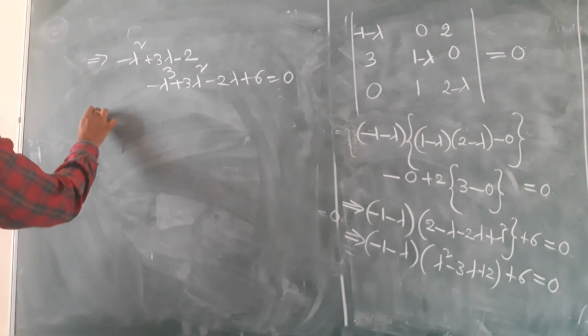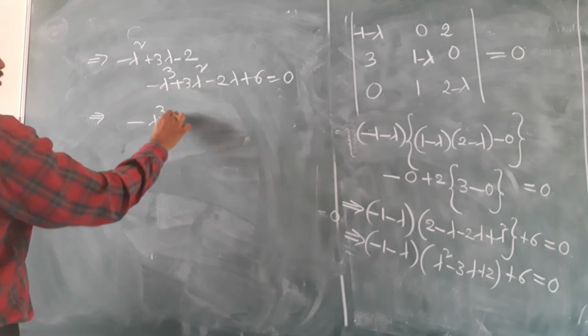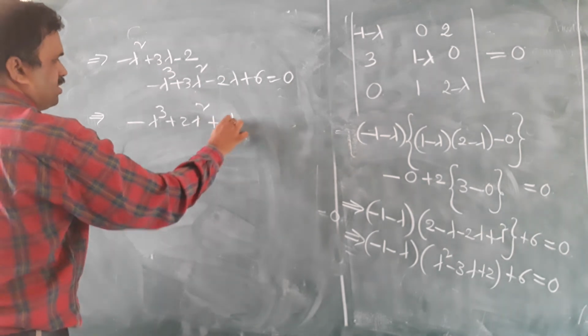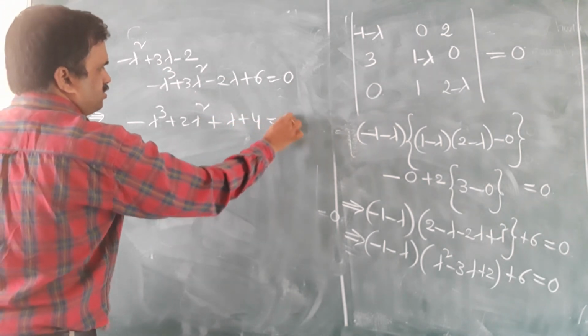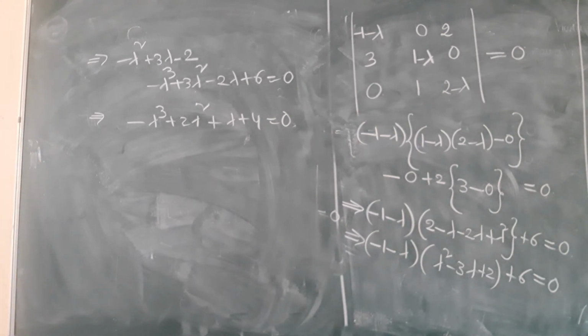Simplifying: minus lambda cube plus 2 lambda square plus lambda plus 4 equal to 0.